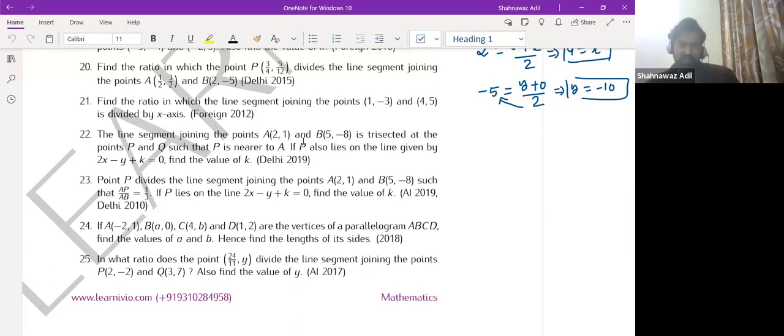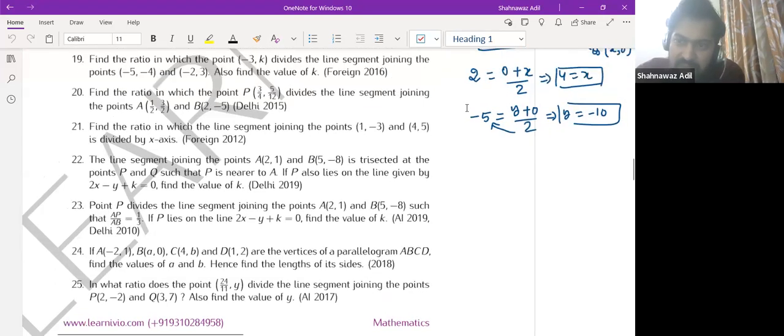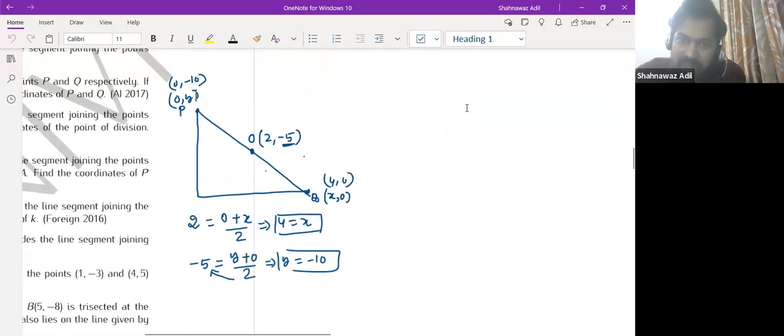So the 22nd number question is a different one, right? 22nd, 23rd. This is a different one, so let us do this. If P also lies on the line given by this, then find the value of this.